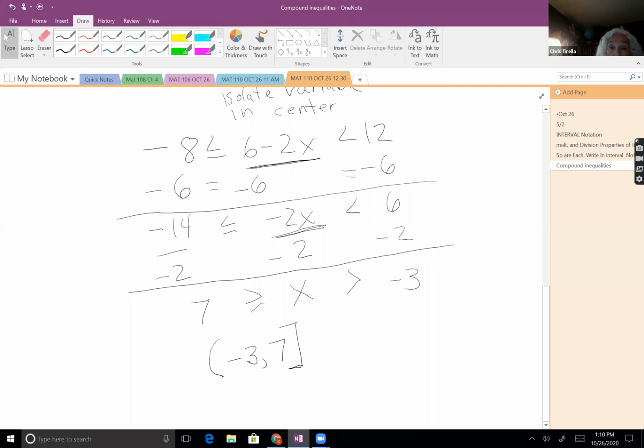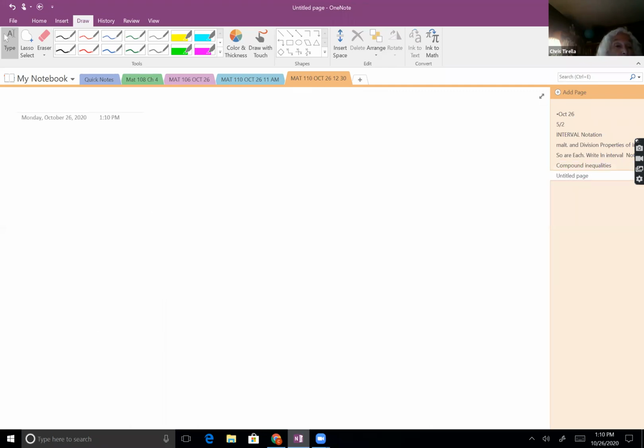If not, I'd like to do another example to look at. Let me change the page. This time, I'm going to ask you to solve and express the solution in interval notation.